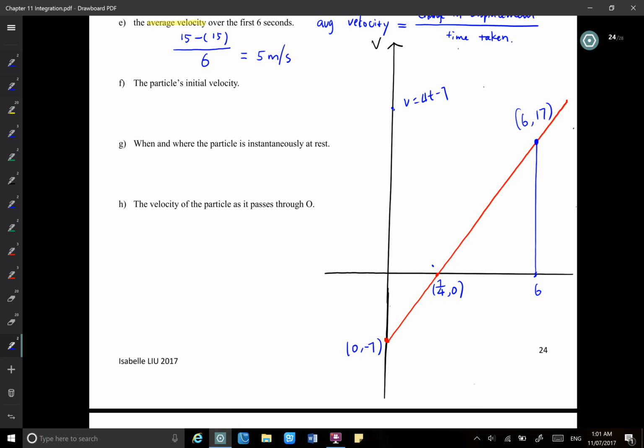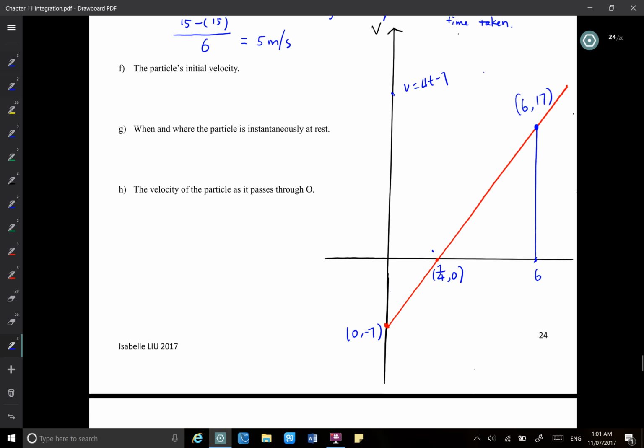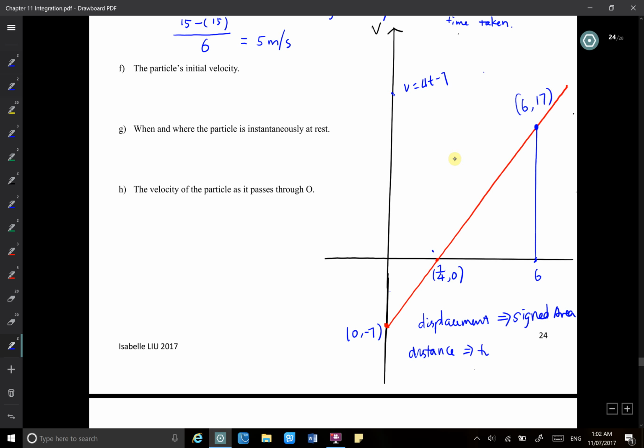So on the v-t graph, the area under the curve, if it is displacement, is the same as the signed area. If it talks about the distance, that's the same as the total area.